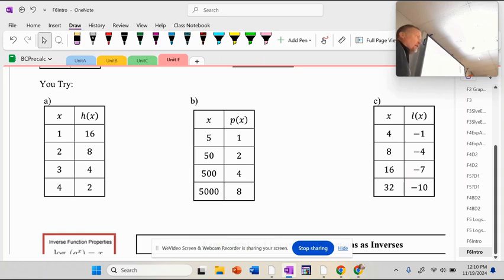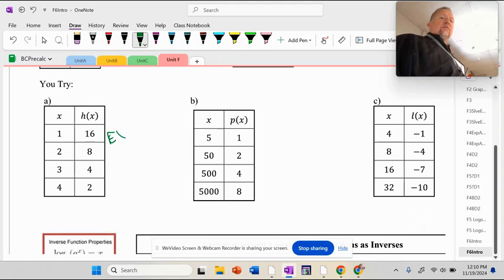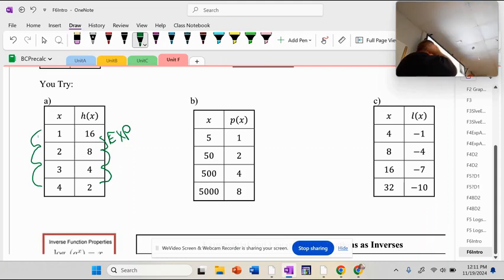Is that exponential, logarithmic, or neither? 3, 2, 1, go. Exponential, because for equal input intervals, I have a common ratio. And these do go by 1, so what is that common ratio, or b value, if you will? What is it? 1/2, and no one's answering?